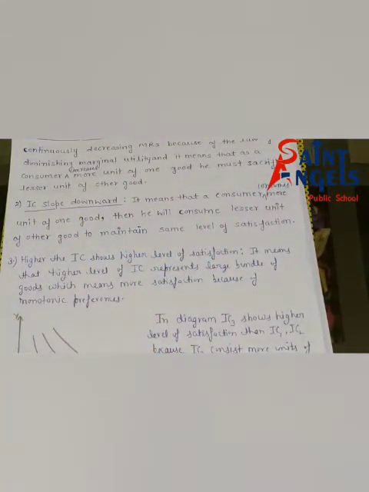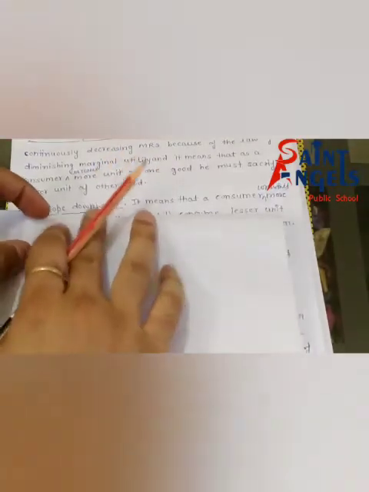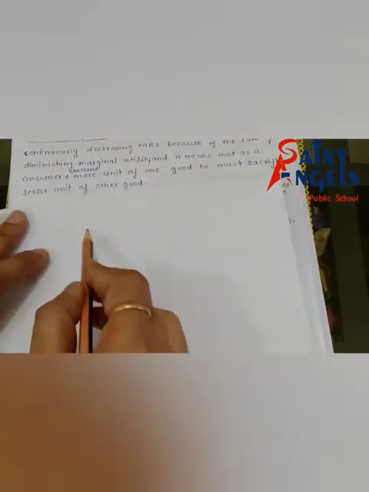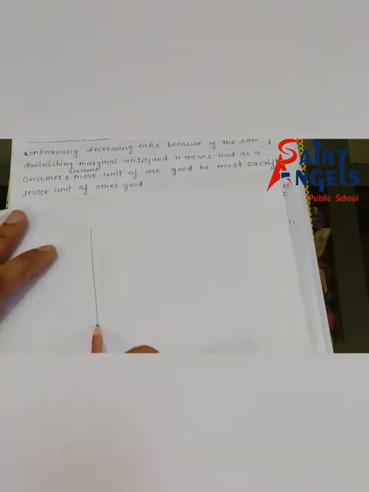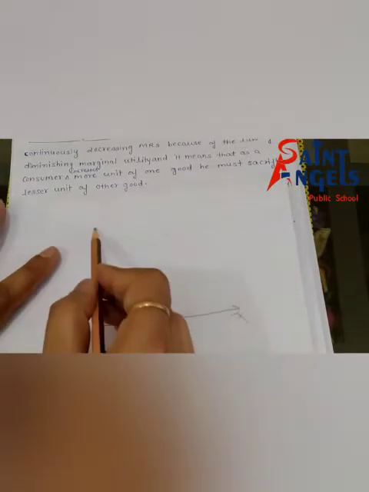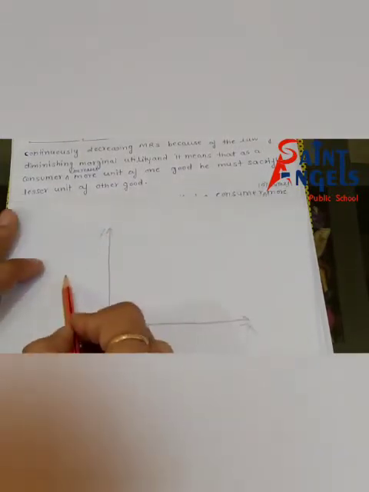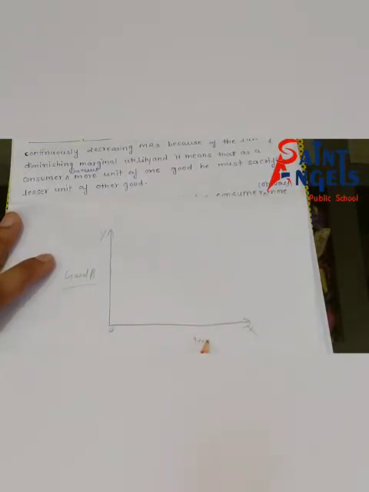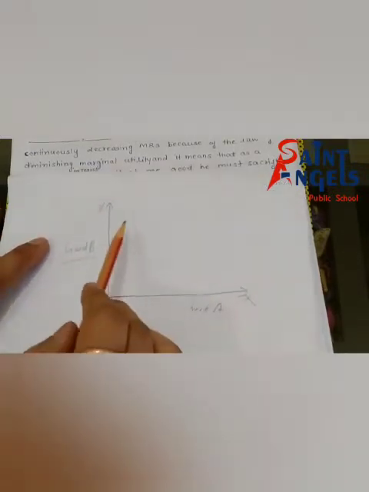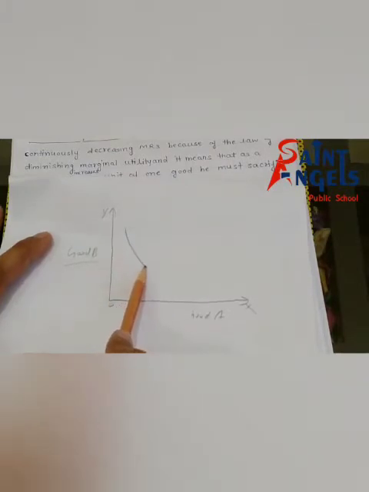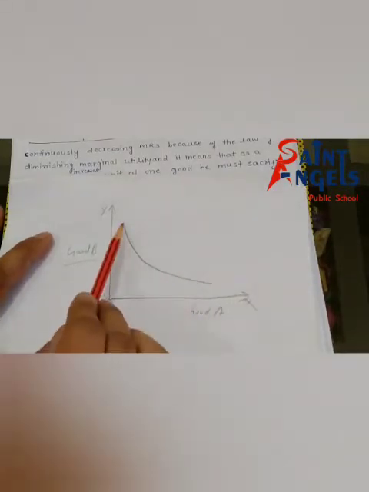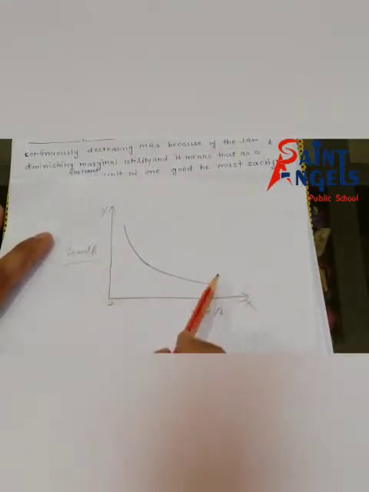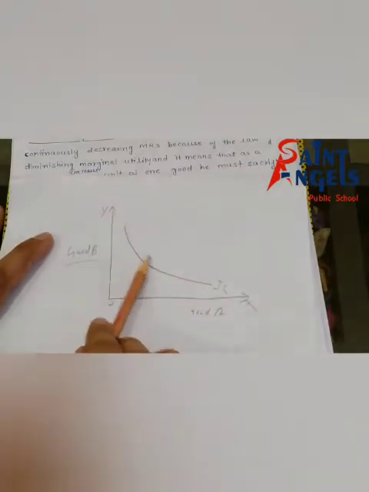Always remember, IC is downward sloping. Please try to understand with the help of the diagram. See here good B, and here good A. Suppose IC is convex to the origin. It means IC is downward sloping, which means left to right.